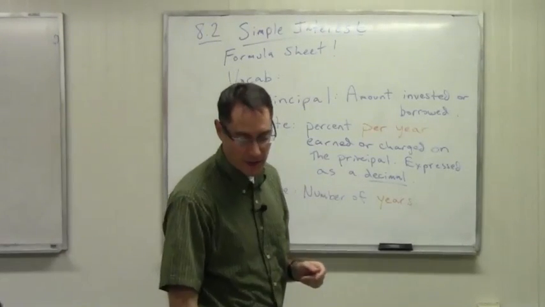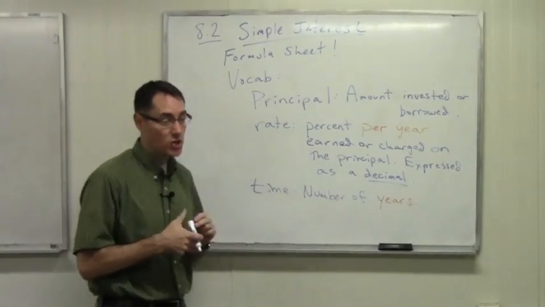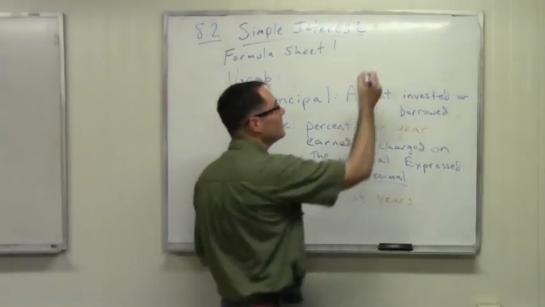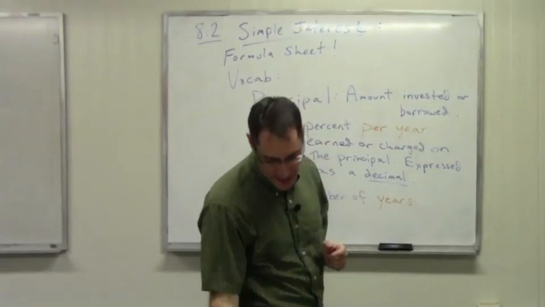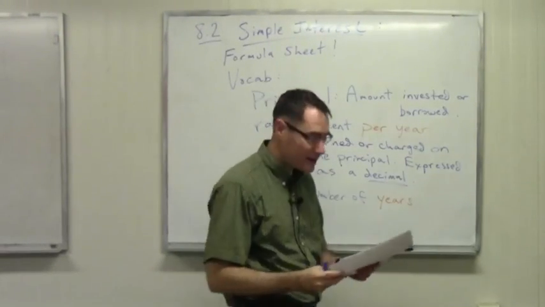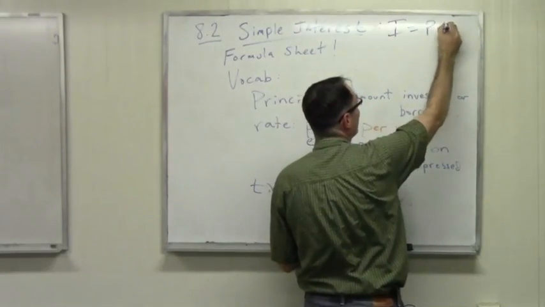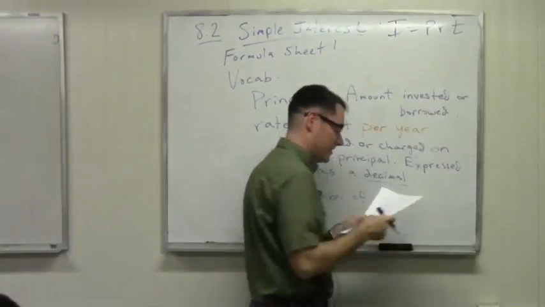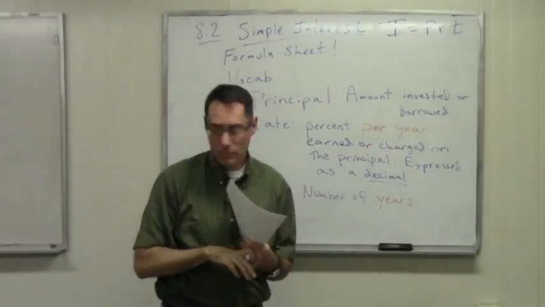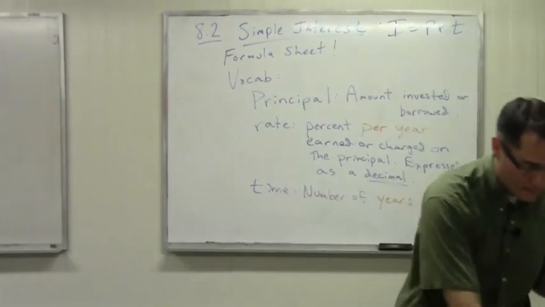The first formula on your sheet is called simple interest. The formula says I equals PRT, like that. Hey, Duan, how you doing?